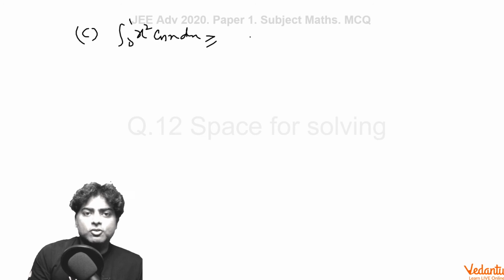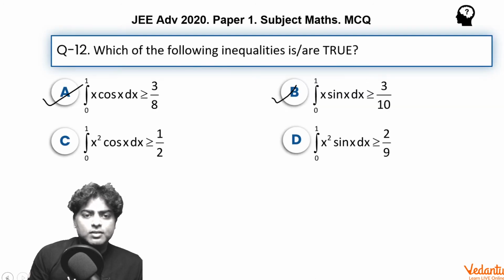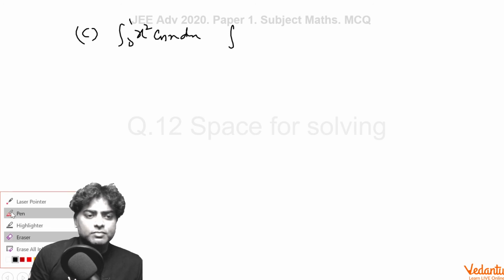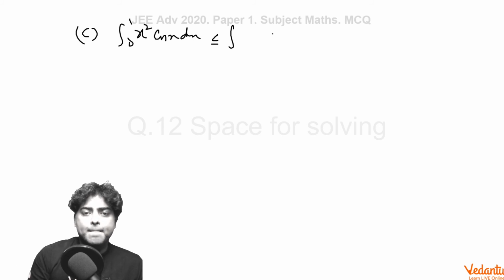Option C says it is greater than half. In fact, we can show that this is less than half.